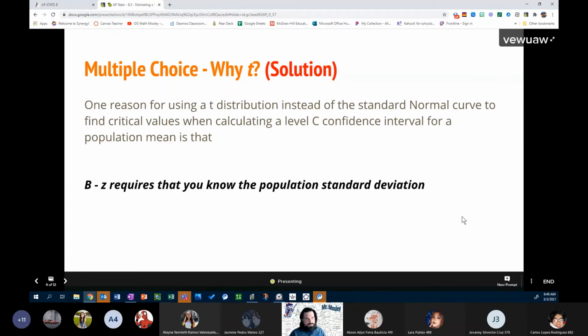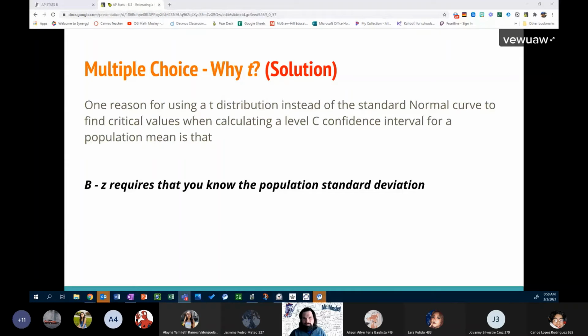It was option B. Z requires that you know the population standard deviation. And we do not, because we don't know the mean. Are there any questions, anything I can clarify for you on this first multiple choice question?